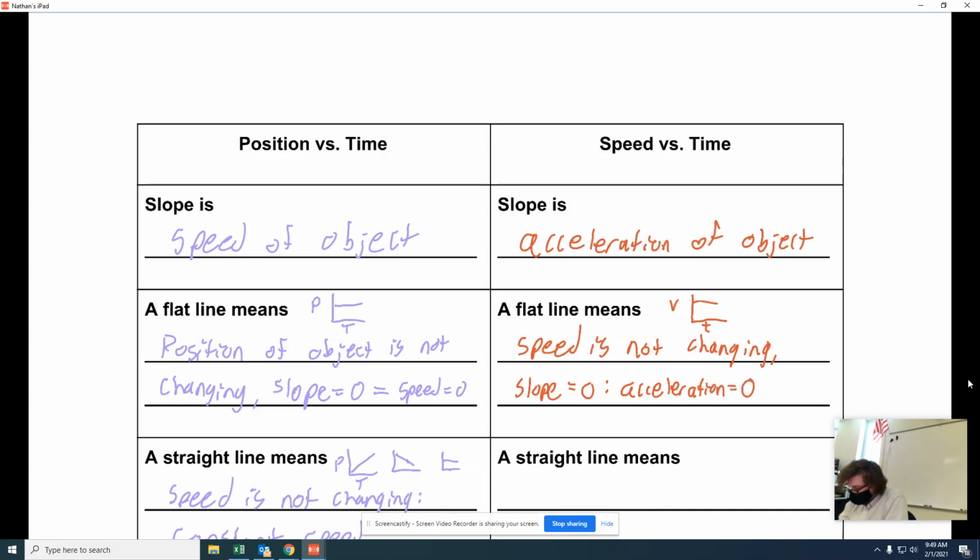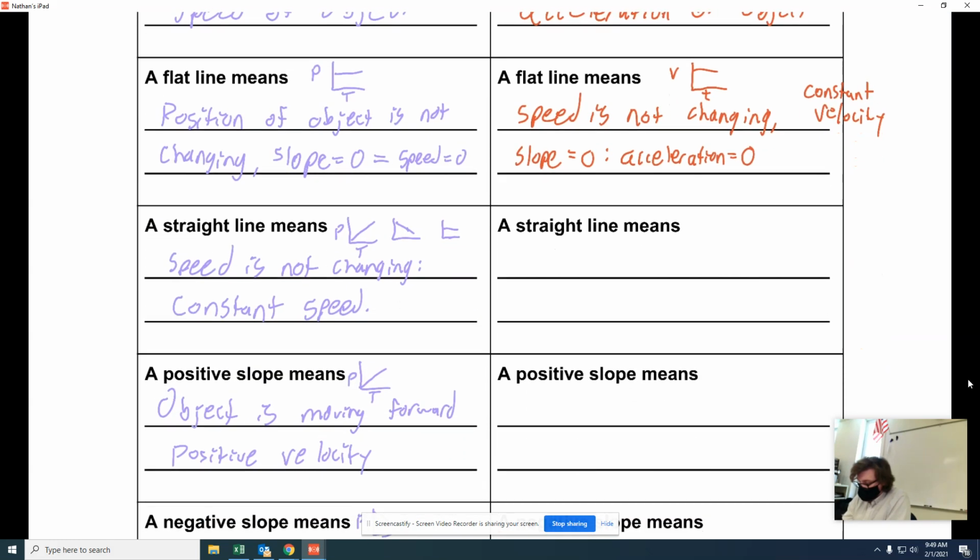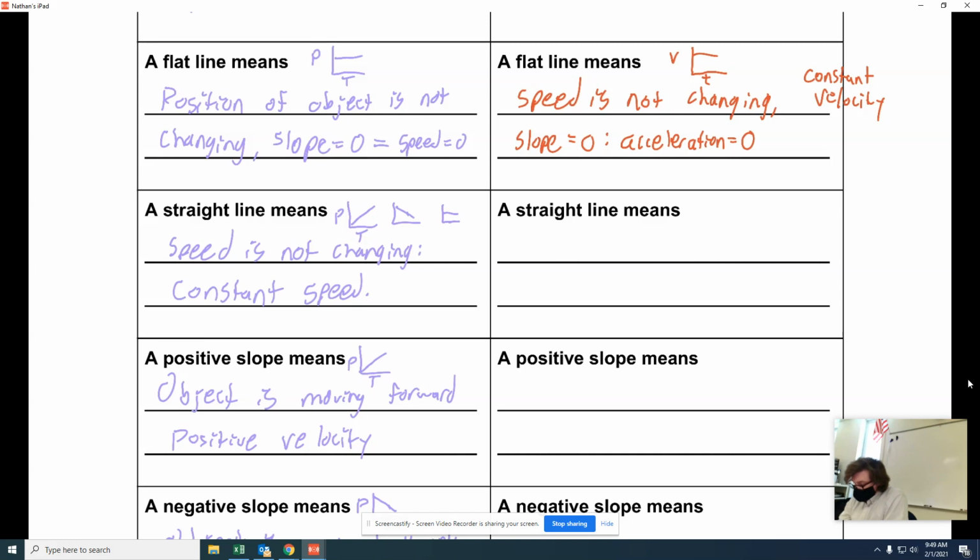You might also hear a graph like this. We could describe it as a constant velocity. So if something has an acceleration of 0, we could also say that it's moving at a constant velocity. On the next one, again, if we have a perfectly straight line, our line could be moving up, down, or sideways.